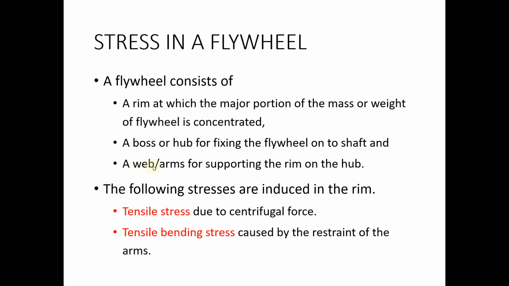Web is used in case of smaller flywheels and arms are used in case of very large flywheels. So usually for our case, in case of internal combustion engines, we use a web type flywheel.